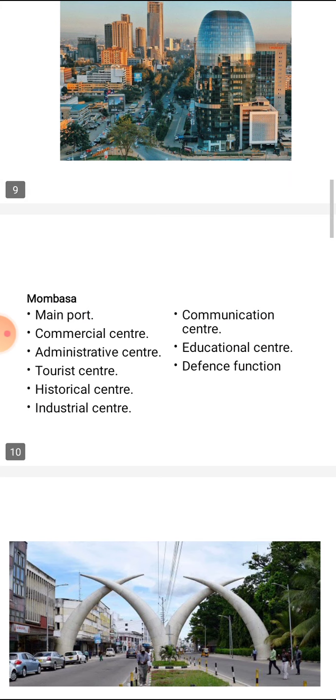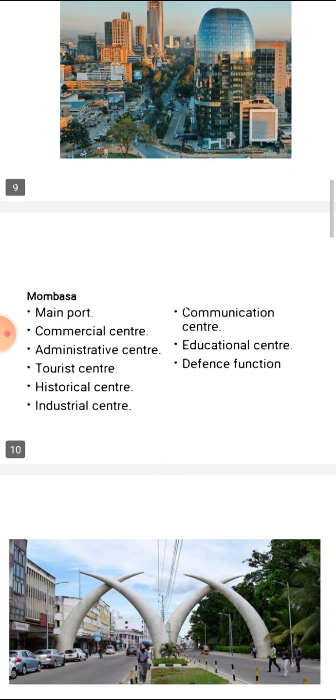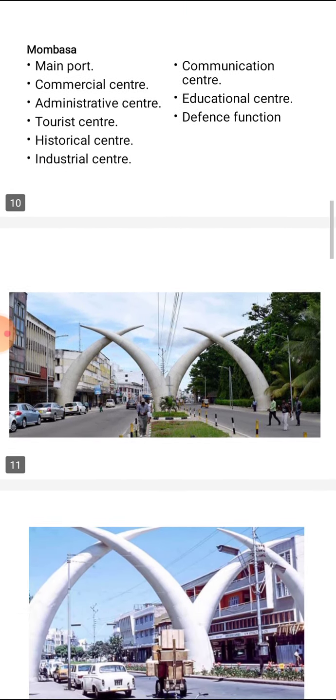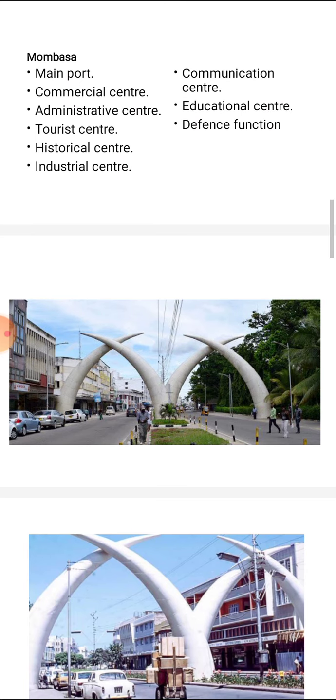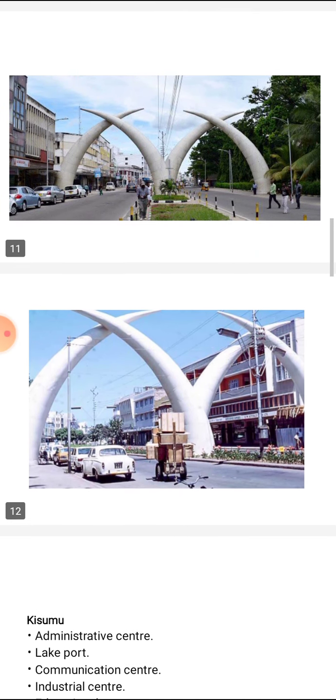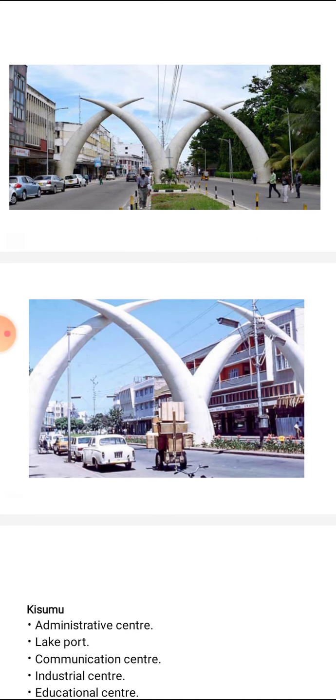The Kenya Navy is a section of the Kenya Defense Forces. So that is the iconic tusks of Mombasa. These tusks were unveiled during the visit of Queen Elizabeth to Kenya in 1952. So this is how it looked in 1952.